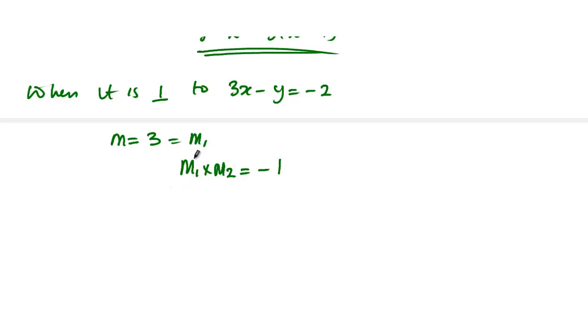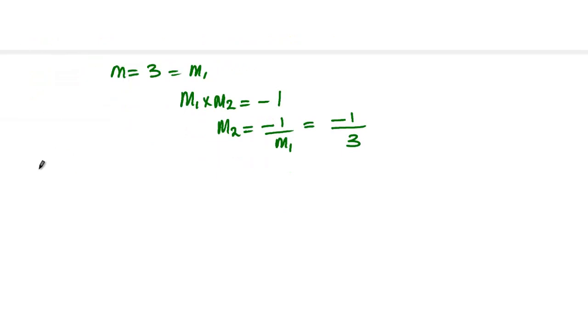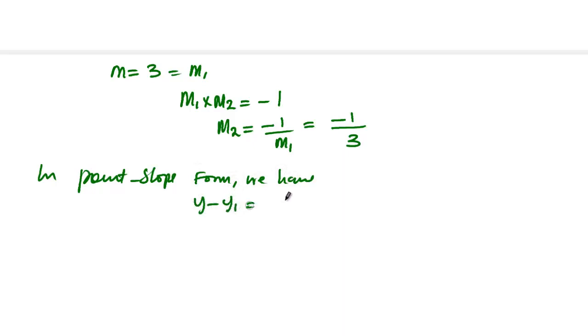So let's take the slope of the line that passes through (1, 2) and is perpendicular to the given line to be m2. So we can say that m2 is equal to minus 1 over m1. That will give us minus 1 over 3. So if you are writing it in point slope form, we have y minus y1 equals m into bracket x minus x1, where the m we are talking about here is m2.